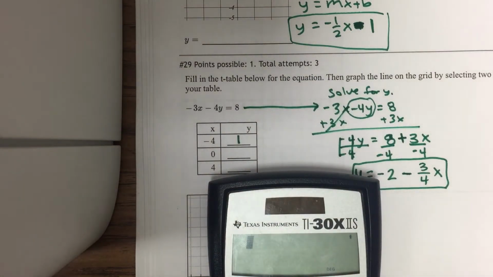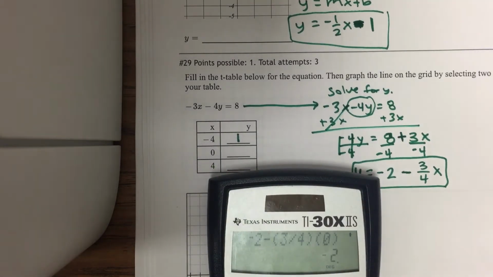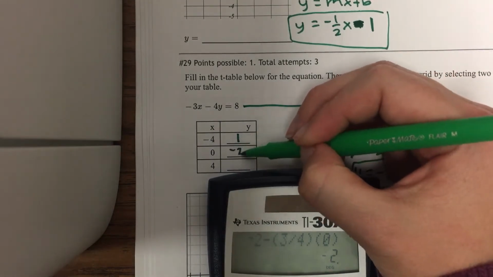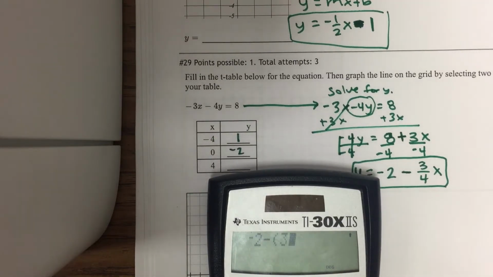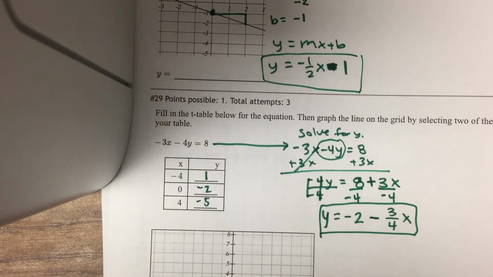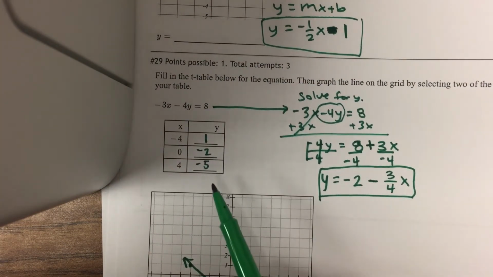Let's try it again. -2 minus parenthesis 3 divided by 4, and this time I'm plugging in a 0. Hey, -2. Plug in a positive 4: -2 minus 3 divided by 4. To finish this one, you would enter it in, and you would get -5.